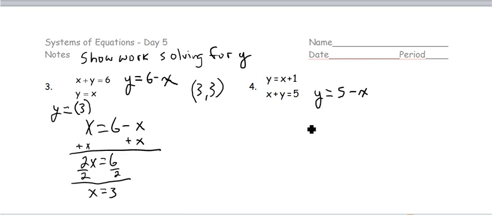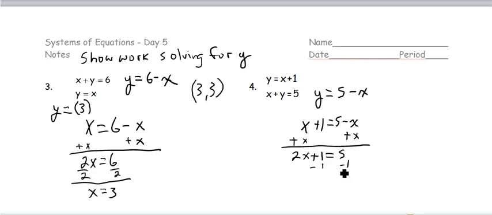All right, number 4, I have solved for y on this second equation. What I want you to do is show your work, and if you don't, then your notes are incomplete. All right, so x plus 1 is the same as 5 minus x. Negative x is less than x, so I'm going to add x to both sides. I have 2x plus 1 equals 5.